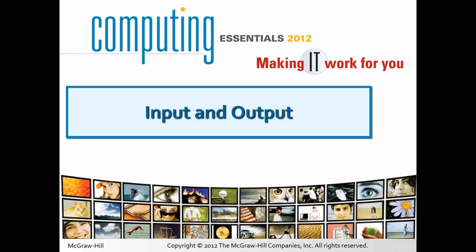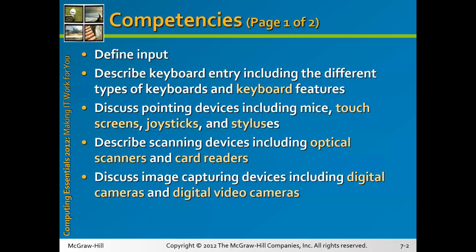Hello everyone, welcome to part 1 of lecture 5, and in this lecture we shall be exploring input and output components in a computer system. The learning outcomes of this lecture are: 1. Define input. 2. Describe keyboard entry, including the different types of keyboards and keyboard features. 3.